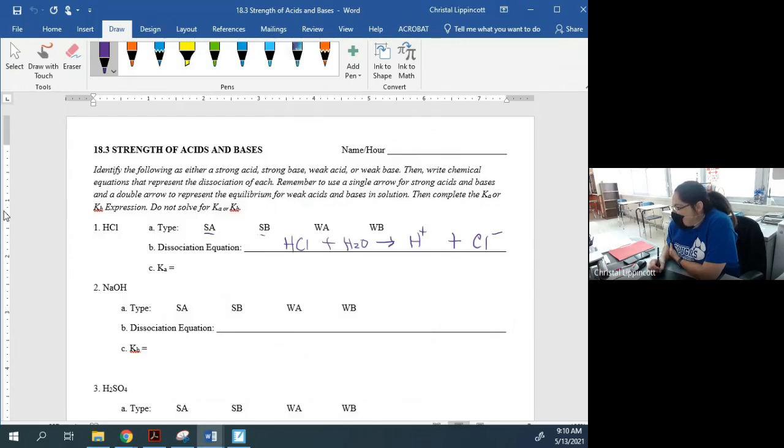So then your Ka, you're just showing the equation. You're not going to solve for it, okay? So your Ka expression would end up being H plus, Cl minus, over the concentration of HCl. We do not include water in the Ka or Kb expressions. And then you're done, and you move on to the next problem.